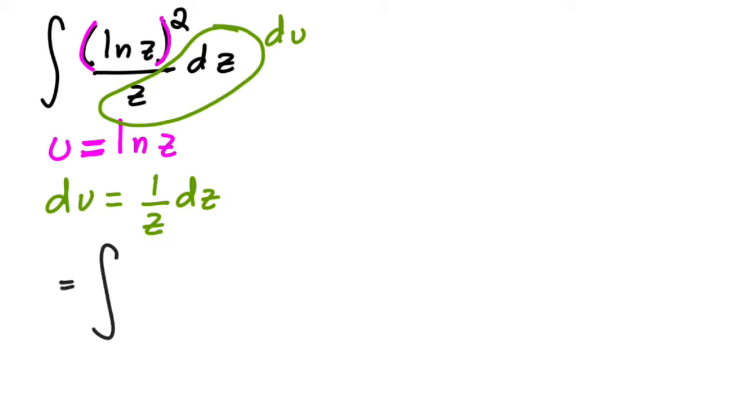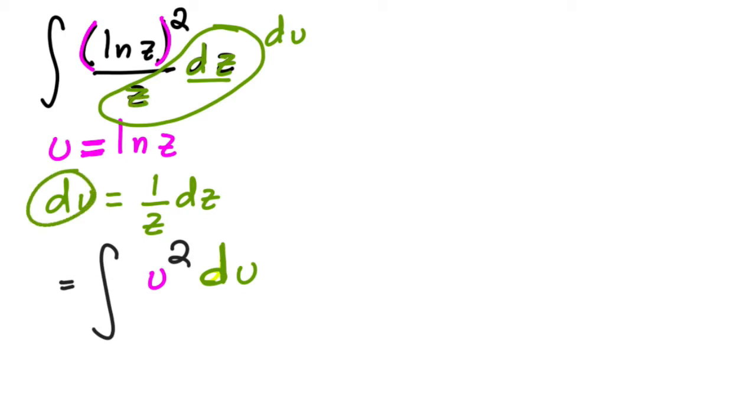So then what we have is ln of z is u, squared. And now here you have to be careful. Du isn't going to go on the bottom. Du goes on top. This right here is dz over z, or 1 over z dz, and so this is equal to du.